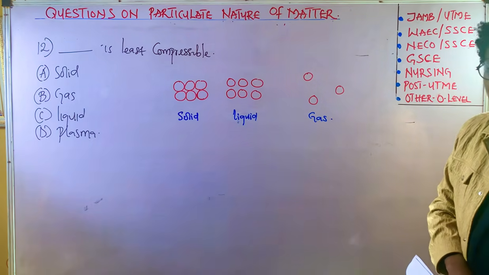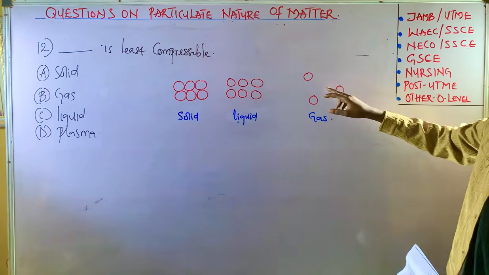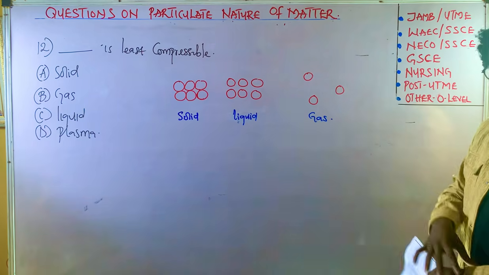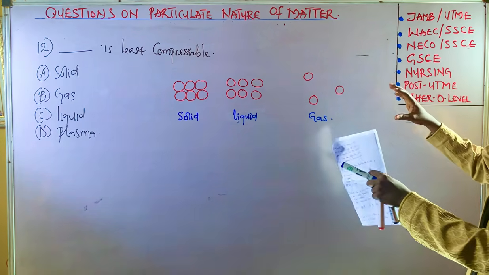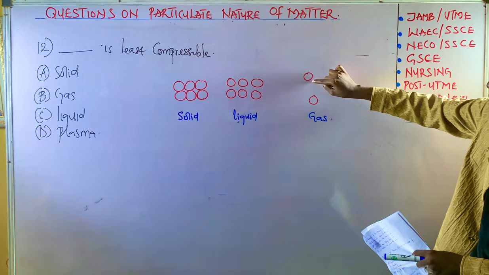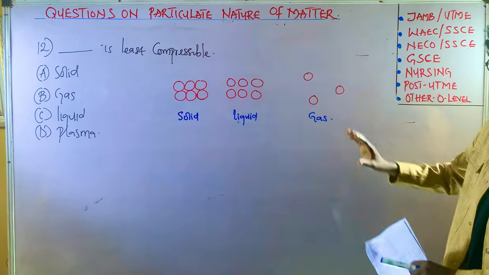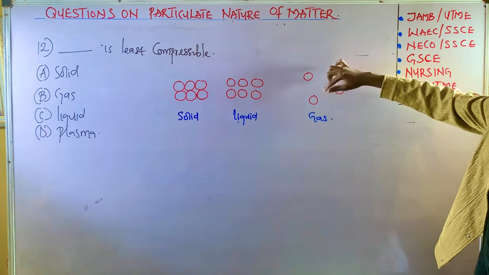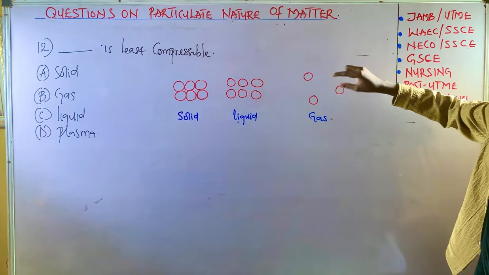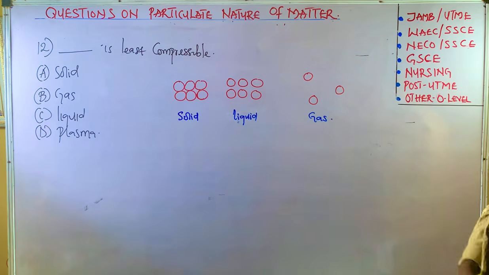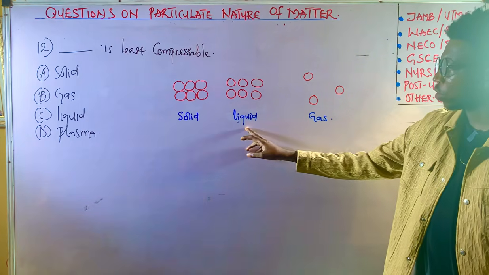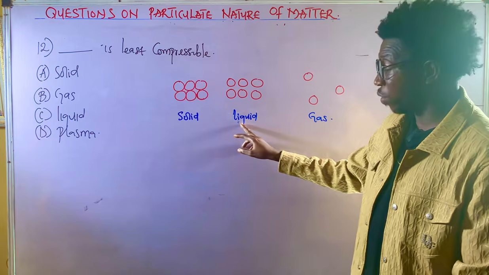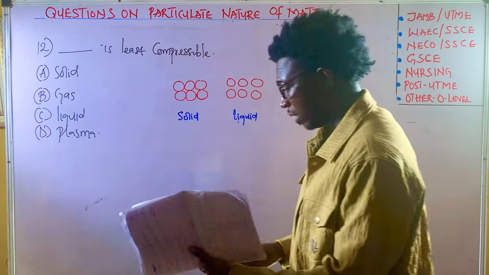Solid is incompressible. Now, gas has a very large space, so it is easily compressible. Compressible means that we are trying to reduce the intermolecular space, the space between the particles. So which one will be easy for us to compress? The answer is gas, followed by liquid. Solid is least compressible.